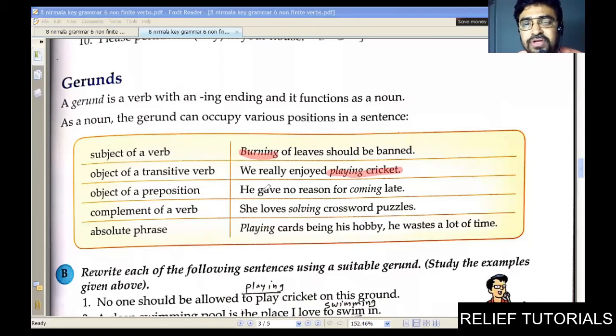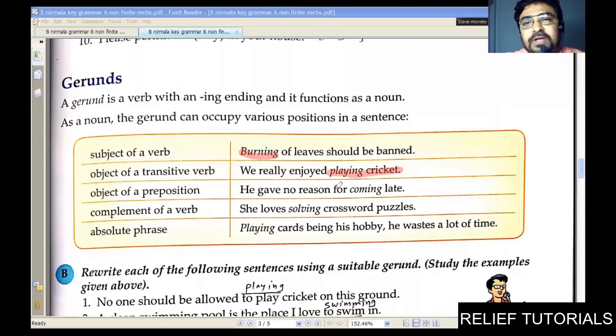He gave no reason for coming late. So here we have he as the subject, gave as the finite verb, main verb, and no reason as the object. He gave no reason for what? If you want to confirm whether the given noun is an object or not, after the preposition or verb, ask the question with what or whom.